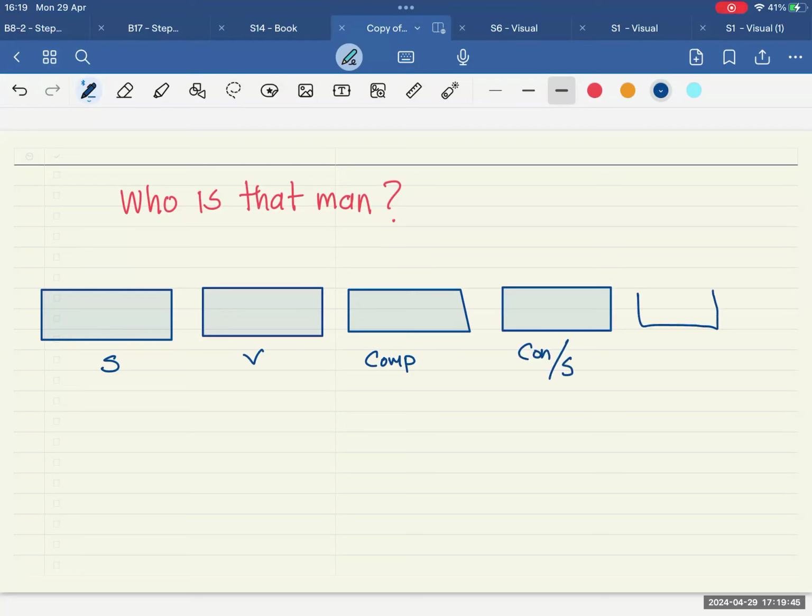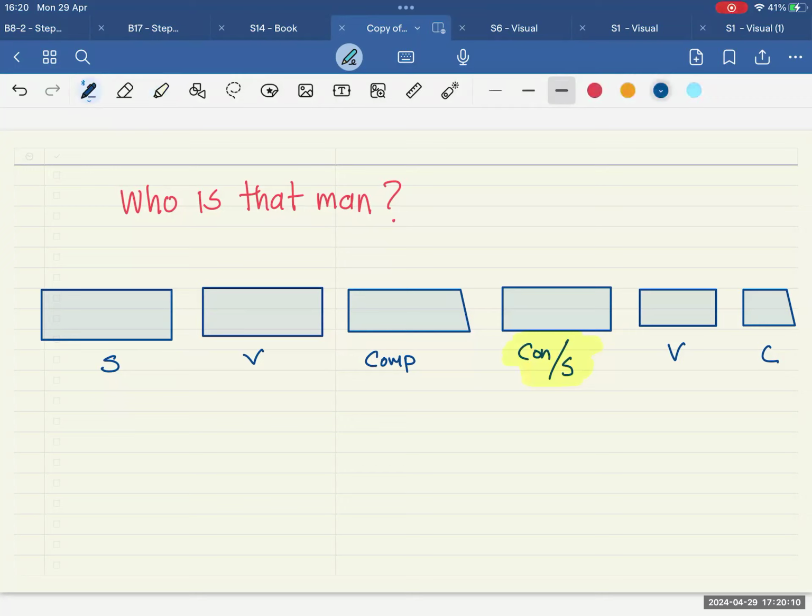I'm gonna need my verb, and I'm gonna need my complement. All right? Subject, verb, complement, connector, subject, verb, complement. This is the importance today. The combination of the connector and the subject, okay?